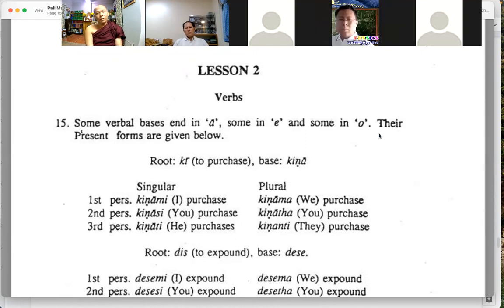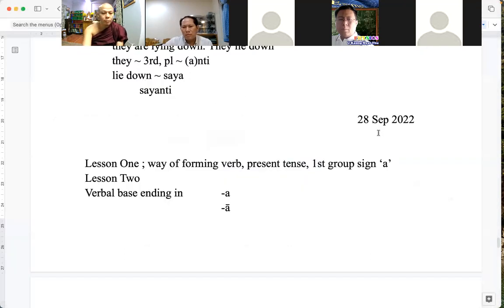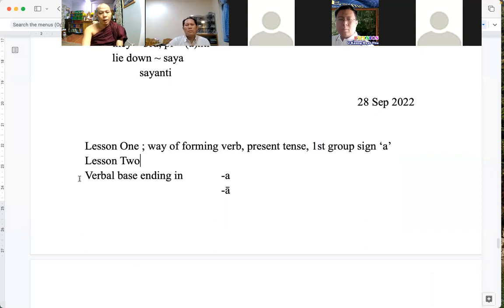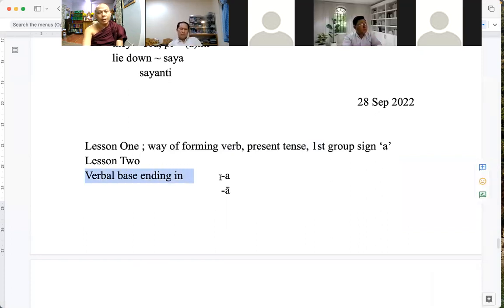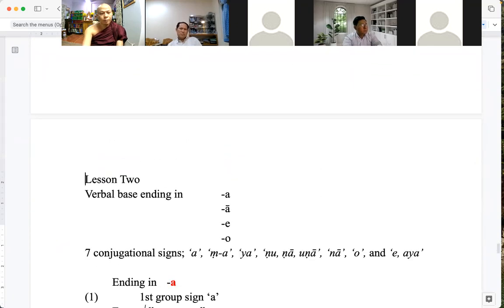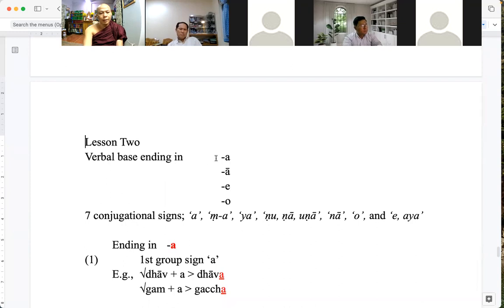In lesson 1, we learned some vowel bases ending in A. So we need to know the vowel bases ending in R, E, and O. So we have 4 kinds of endings.